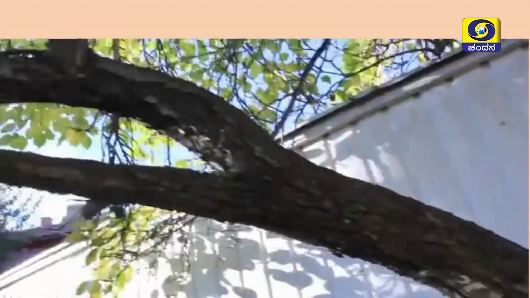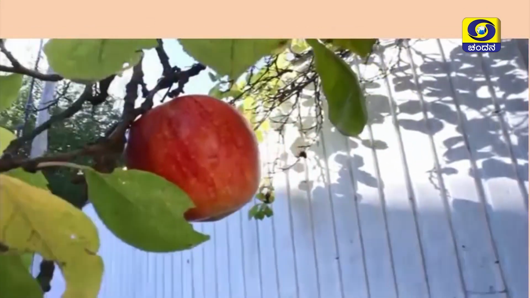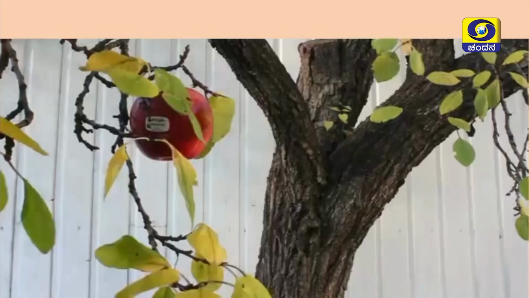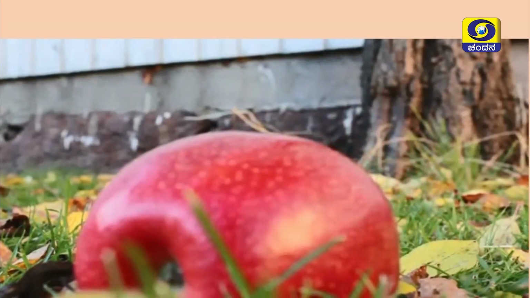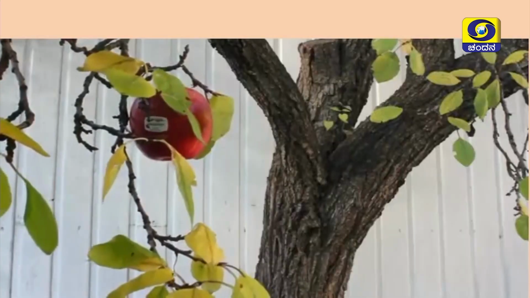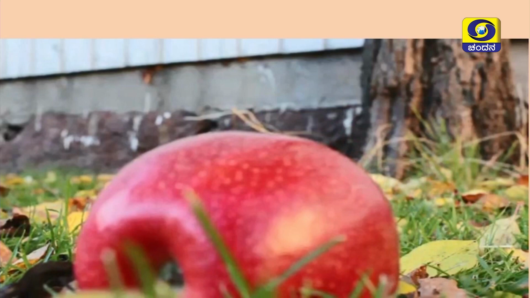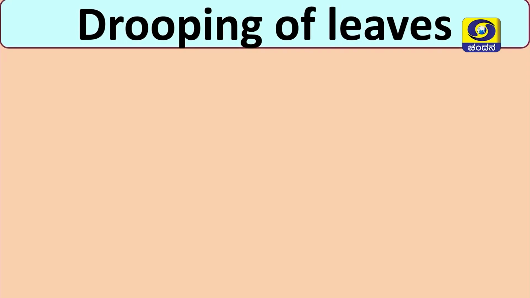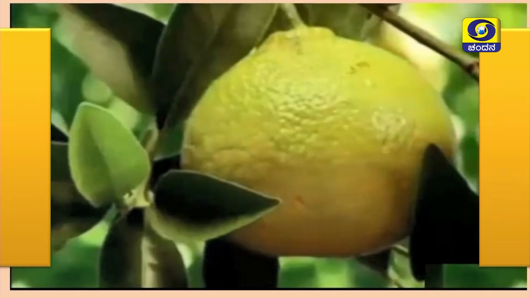You can see the fruits falling. For drooping of leaves also you require some chemicals. Even for the germination of the plants.